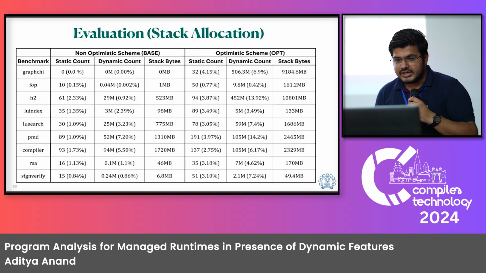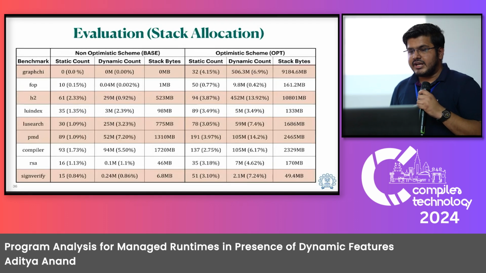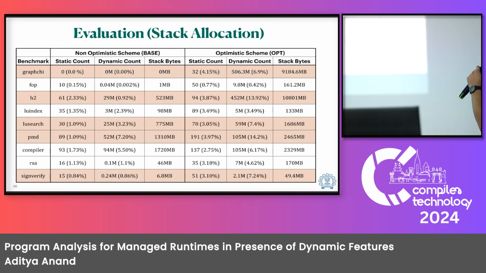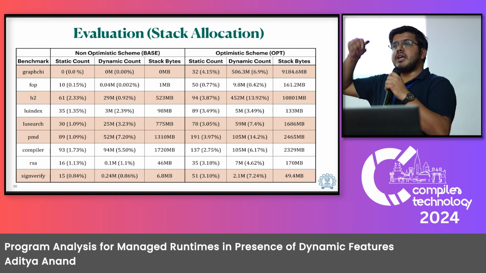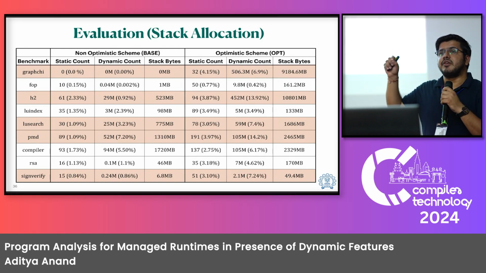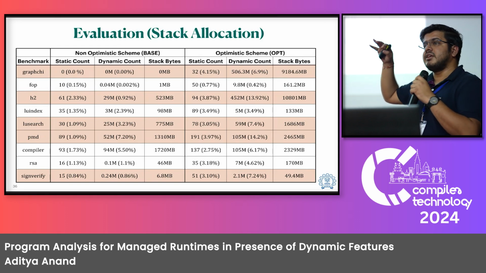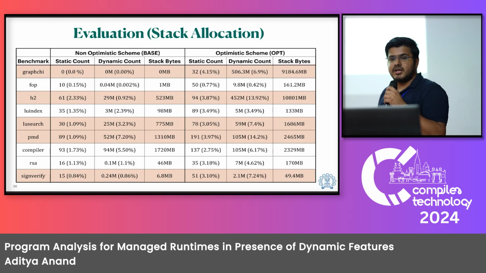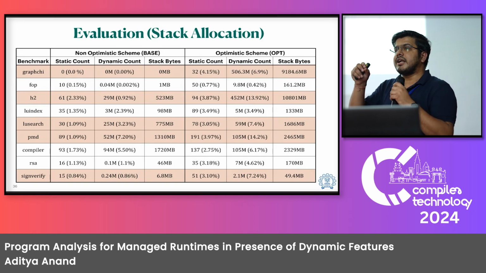This is a table showing the different numbers for stack allocation. We have static count, dynamic count, and stack bytes. Static count gives the number of allocation sites which got stack allocated. Dynamic count is the actual number of runtime objects that got stack allocated, and stack bytes is the actual number of bytes that got stack allocated.